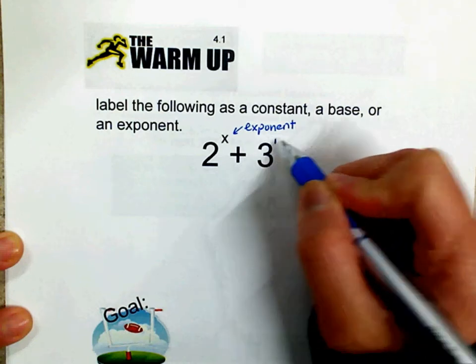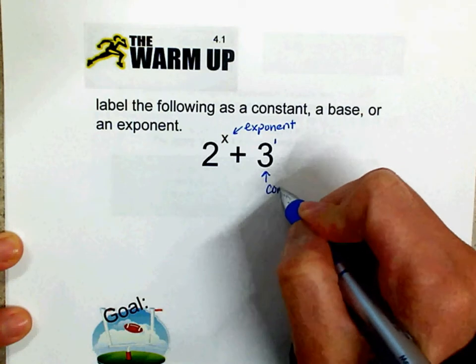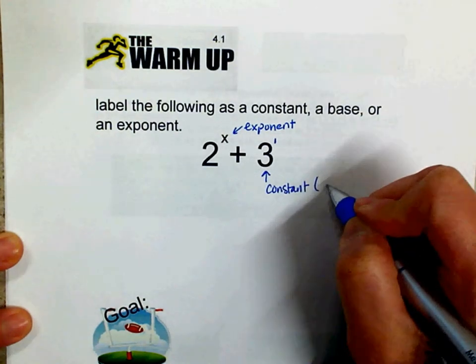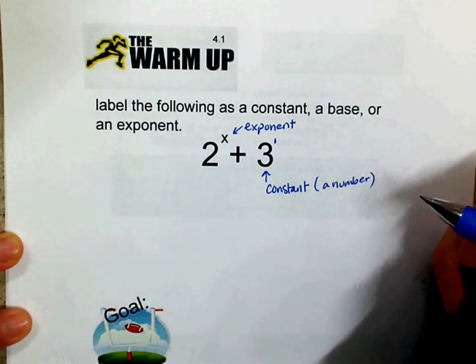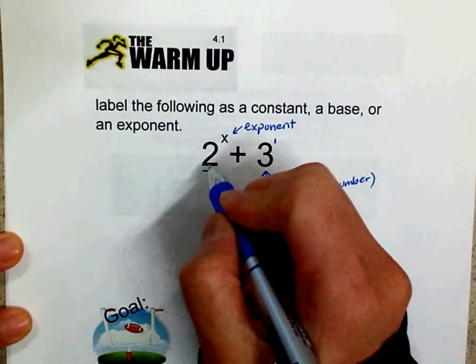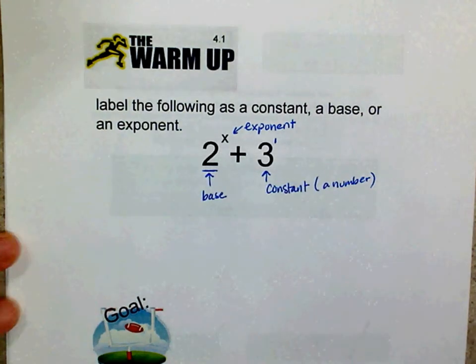The exponent would be a 1, assumed to be 1. But this here is a constant. Constant means it's always the same. A constant is a number. A 3 is always a 3. A 4 is always a 4. So if you have an exponent, then this here is called your base. You always have a base raised to an exponent.